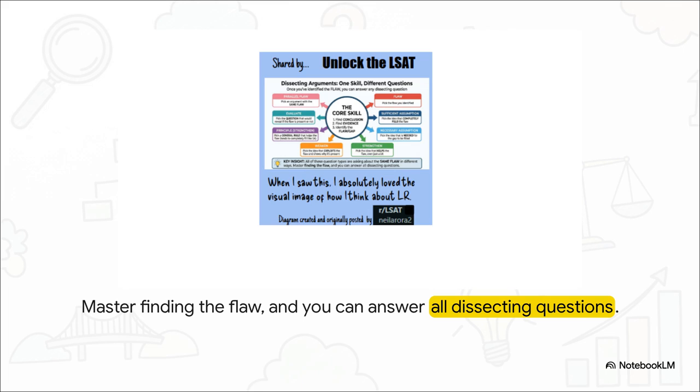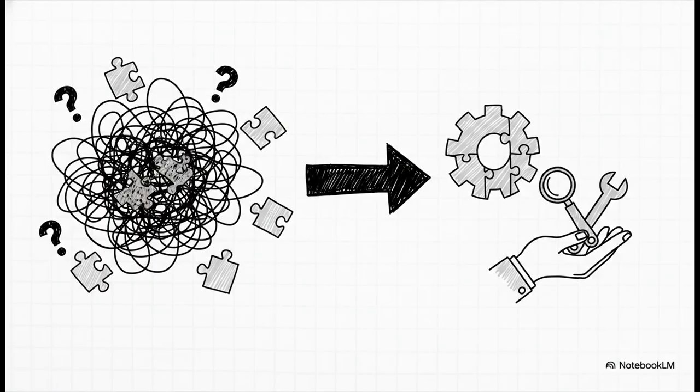Instead, master that one skill of dissecting arguments into conclusion, evidence, and flaw. That skill is the engine that is going to power you through this entire section. By focusing on this core skill, you've basically turned a dozen confusing, intimidating problems into one single, manageable puzzle. You now have a powerful and simplified toolkit to approach logical reasoning, not with anxiety, but with real, genuine confidence.